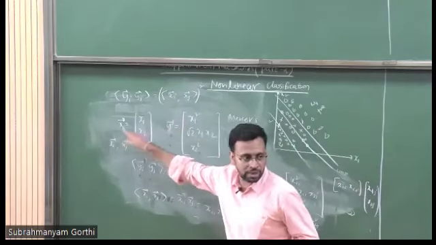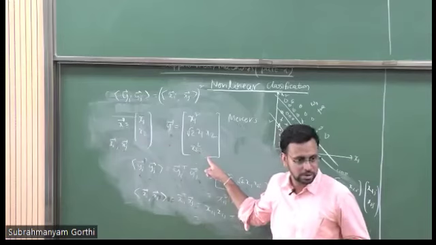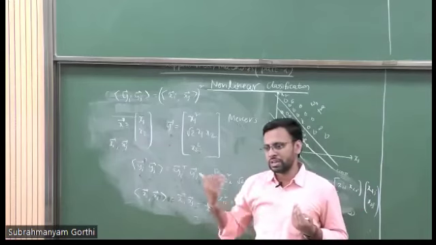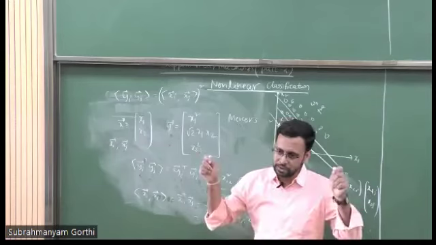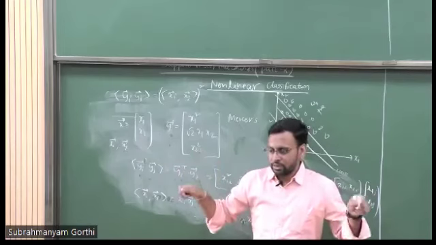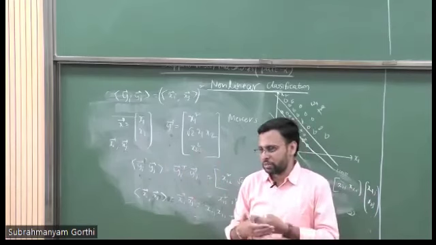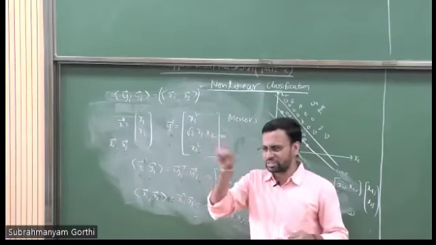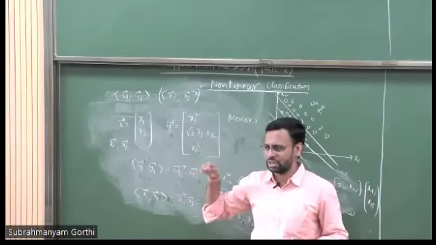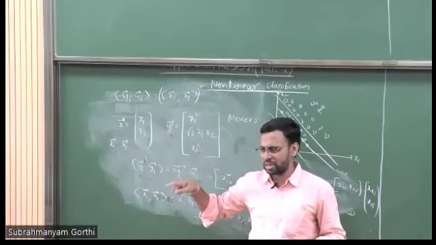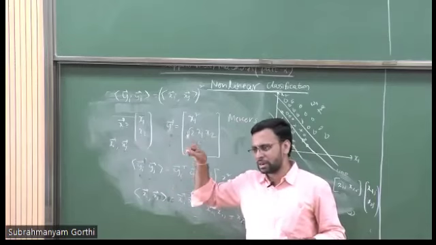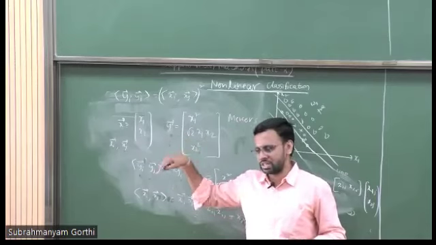I have moved from here to a higher dimensional space. Finally, what I should do in my SVM problem, I need to find a dot product between each variable. We have summation i from 1 to n, j from 1 to n, lambda i, lambda j. Then xi bar transpose into xj bar will be there.